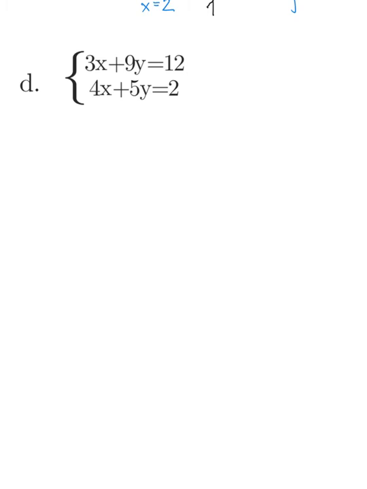So for me personally, I think the x's are a little bit easier to eliminate. We have some smaller numbers going on there, and so that's going to be the one that I pick. So if I wanted to know what the least common multiple for 3 and 4 is, we should get 12. So my top equation, I want to multiply by 4.